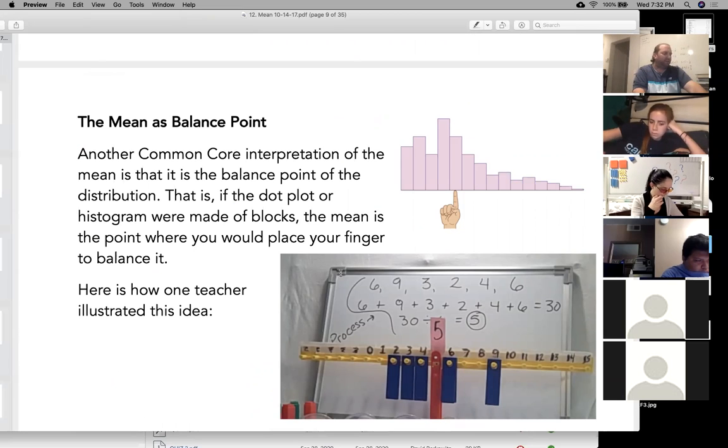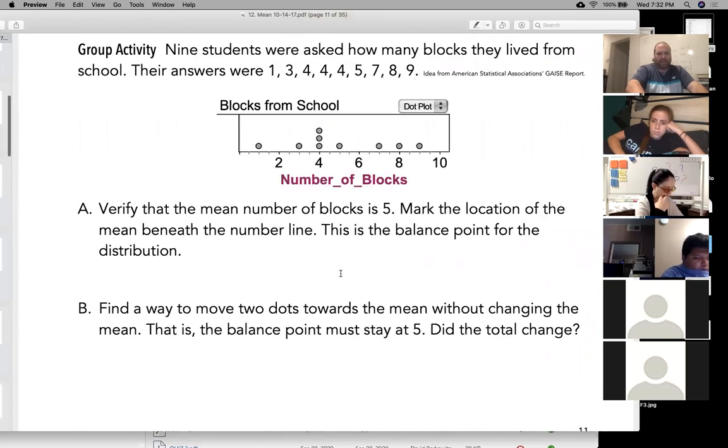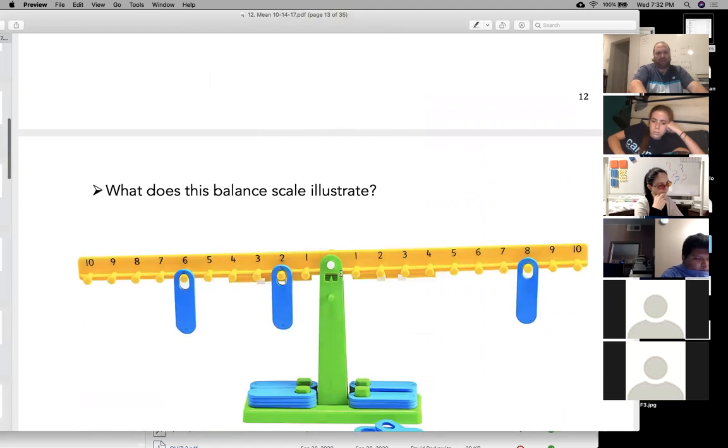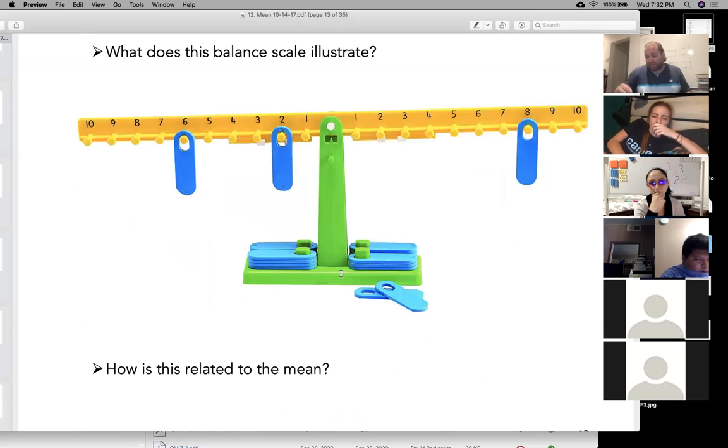That is the same value as you would get from the redistribution technique, which we talked about in class. And so you have three ways of figuring out the mean. One is the redistribution technique, one is the balance technique, and then the other one is the formula. The formula, I would say, is the best because it doesn't require any conceptual understanding. It's just straight up plug it in, do the math, get your answer.